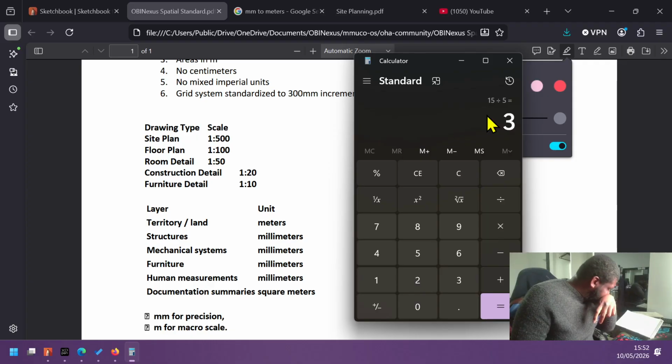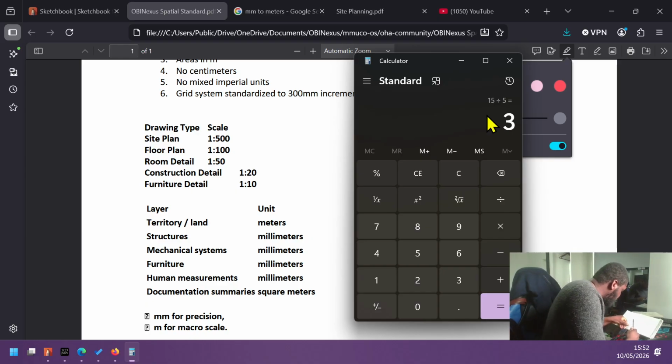So that'll be 3 centimeters, not 3.7. So the height will be 3.